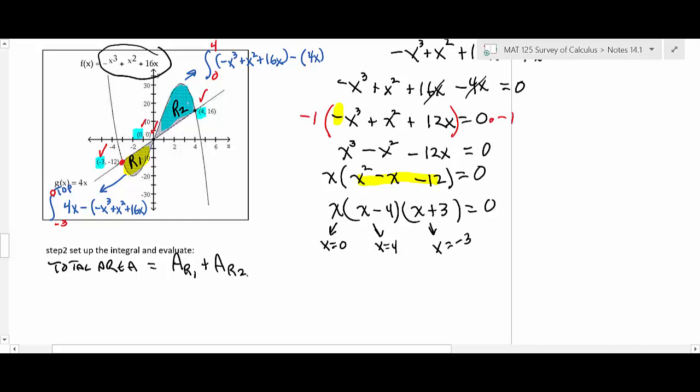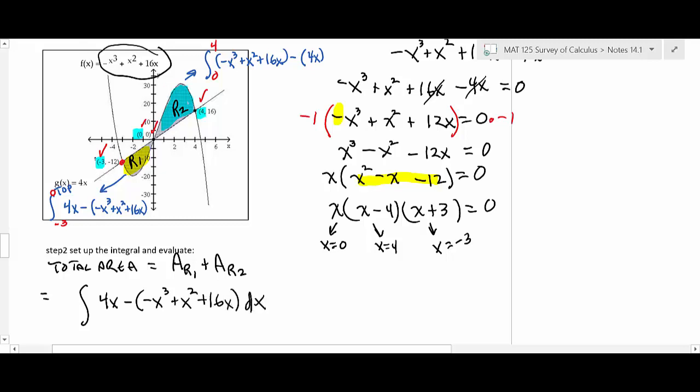I already set the integrals up for you. So the thing is, this first integral, R1, you're going to have the integral. Remember, the top curve here is 4x. So you've got 4x. The curve on the bottom is the cubic because it's the curved one. So that's minus negative x to the third plus x squared plus 16x dx.